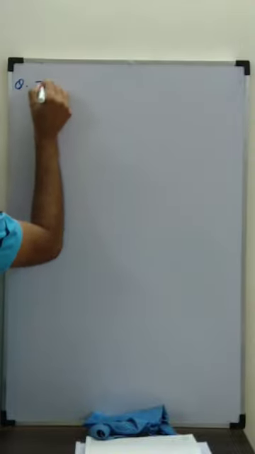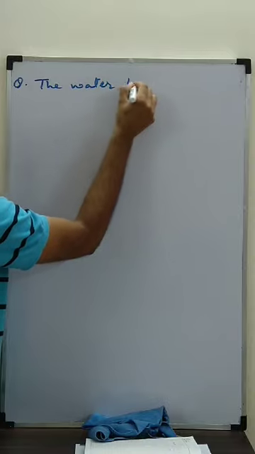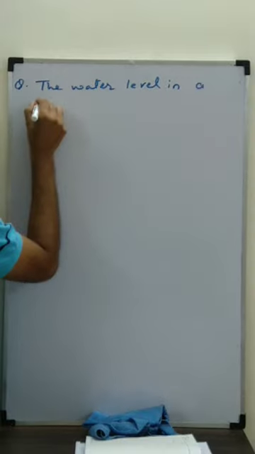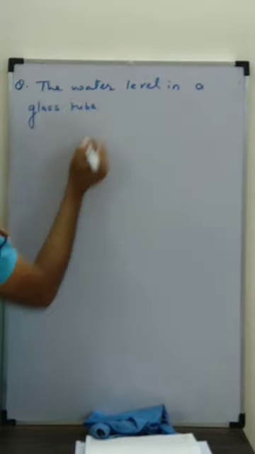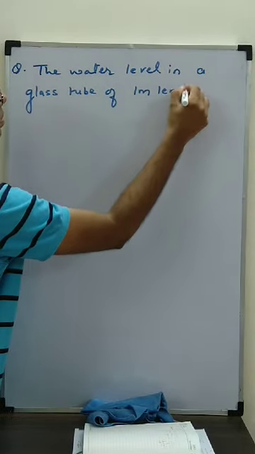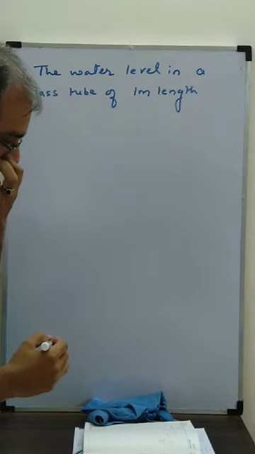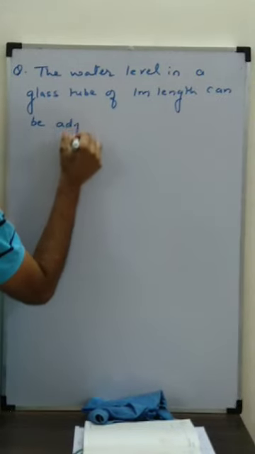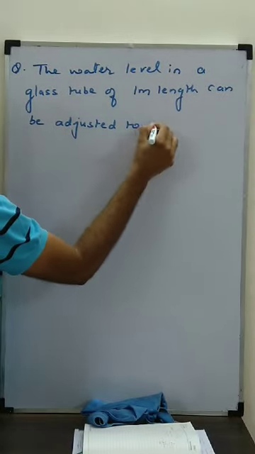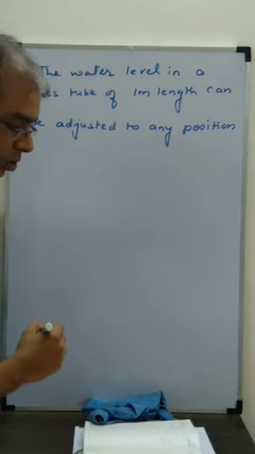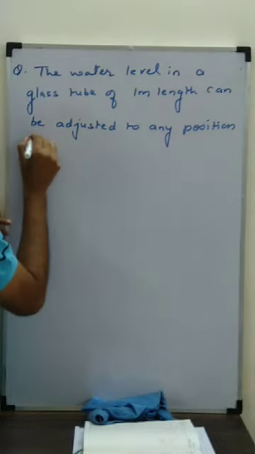Another question: the water level in a glass tube of 1 meter length can be adjusted to any position in the tube.